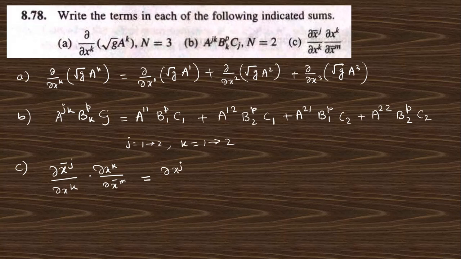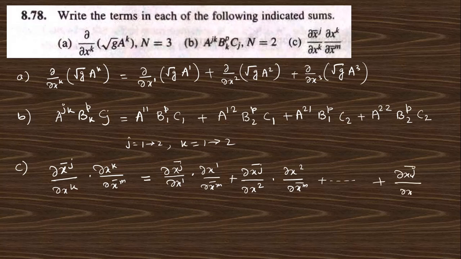This can be written as del x̄^j over del x^1 times del x^1 over del x̄^m plus del x̄^j over del x^2 times del x^2 over del x̄^m, and so on up to n terms, del x̄^j over del x^n times del x^n over del x̄^m. This bar means transformation.